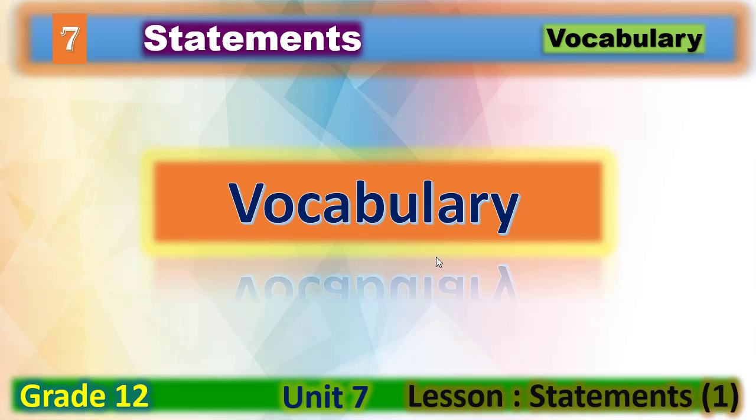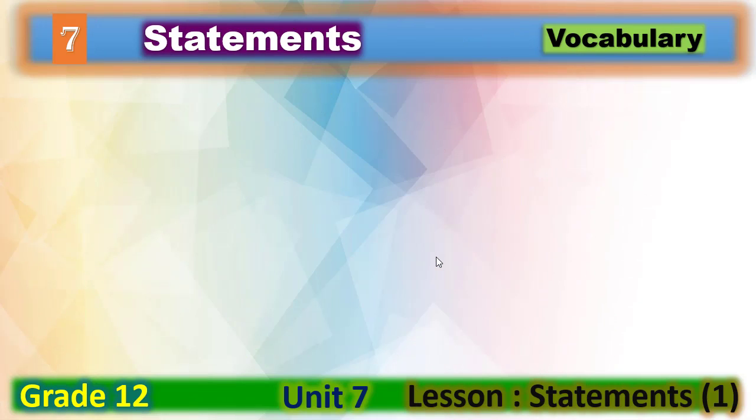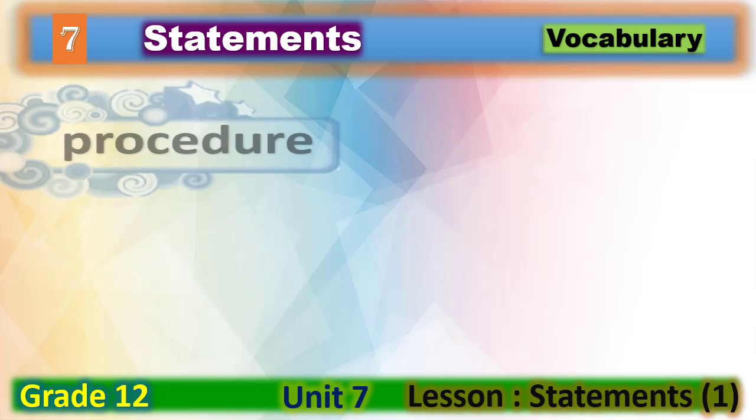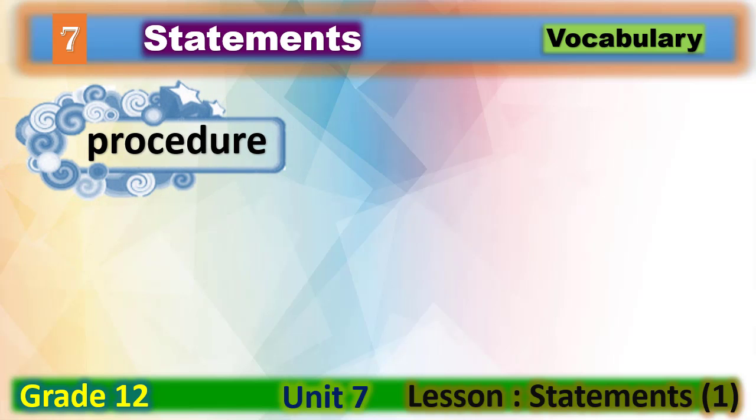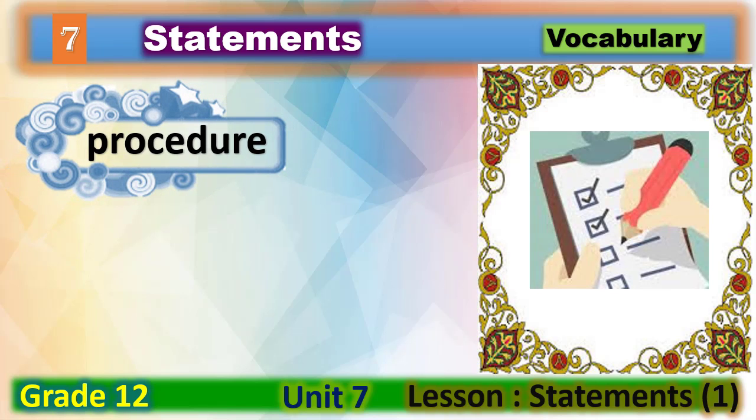Before we start our lesson, let's study some vocabulary to help you understand the lesson better. So please try to guess the meanings in the next few slides. The first word is the word procedure. Look at the picture to help you guess the meaning.